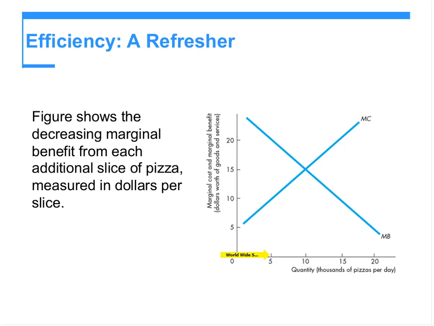If it goes to 10, you have 10 pizzas a day. 10, 15, and 5, 20. That is the basic range of this. But as time passes, from one pizza on, your marginal benefit is decreasing, as you can see here, toward the lower part. So as you consume more of the product, your marginal benefit goes down.